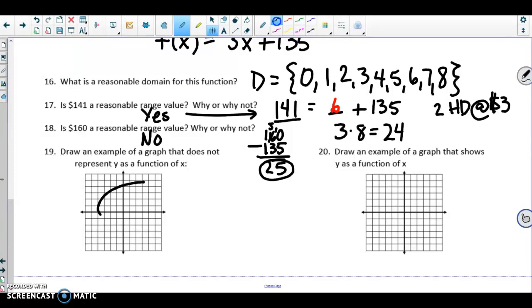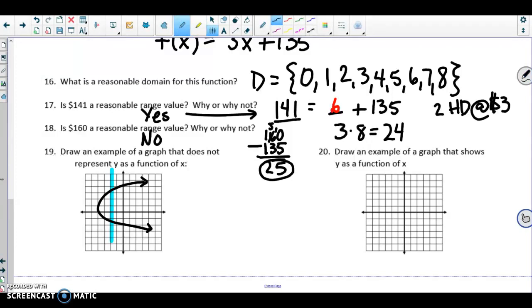I like to do one that looks like this oftentimes, because it definitely does not pass our vertical line test, because it ends up hitting. So that would be an example. Your example could look different as long as it shows that y is not a function of x. Okay?